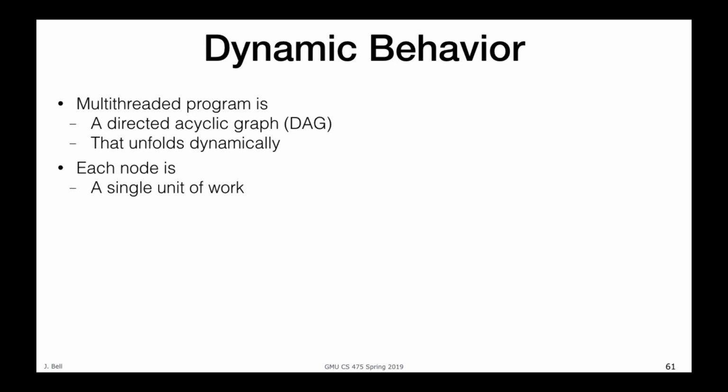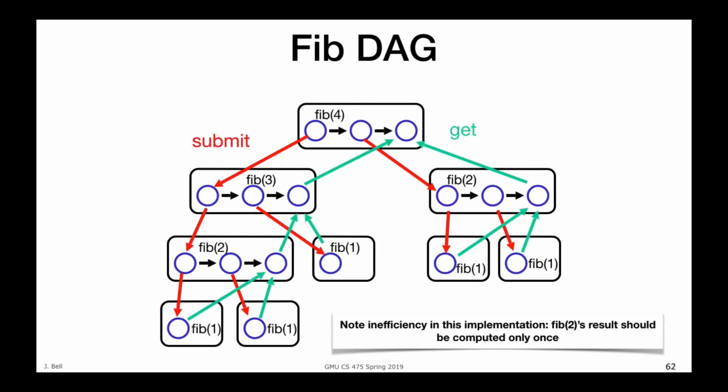So a thread in this model is the maximal sequence of instructions that doesn't include spawn, synchronization, or return statements. Each node in the graph is some instruction or some execution of some method, and it's a single unit of work. So here's the DAG for our multi-threaded Fibonacci program.